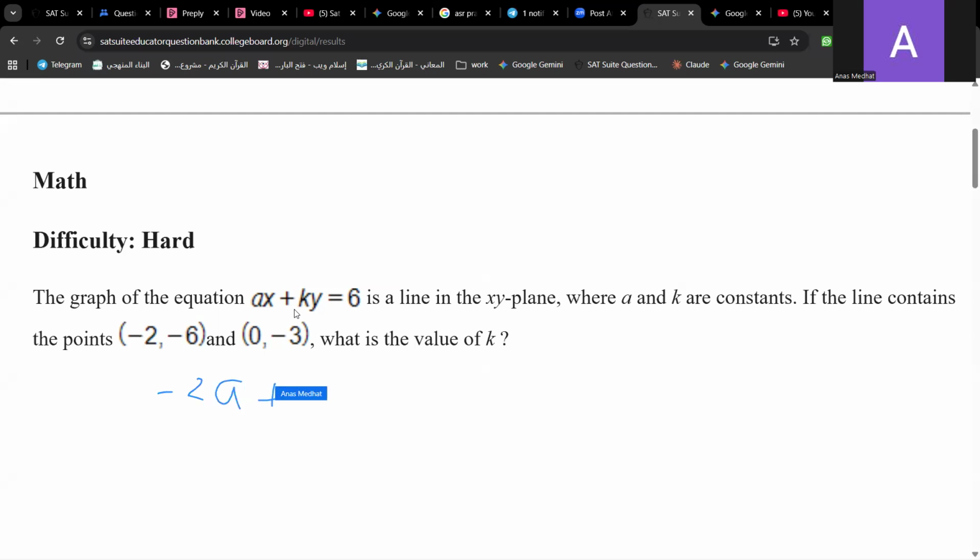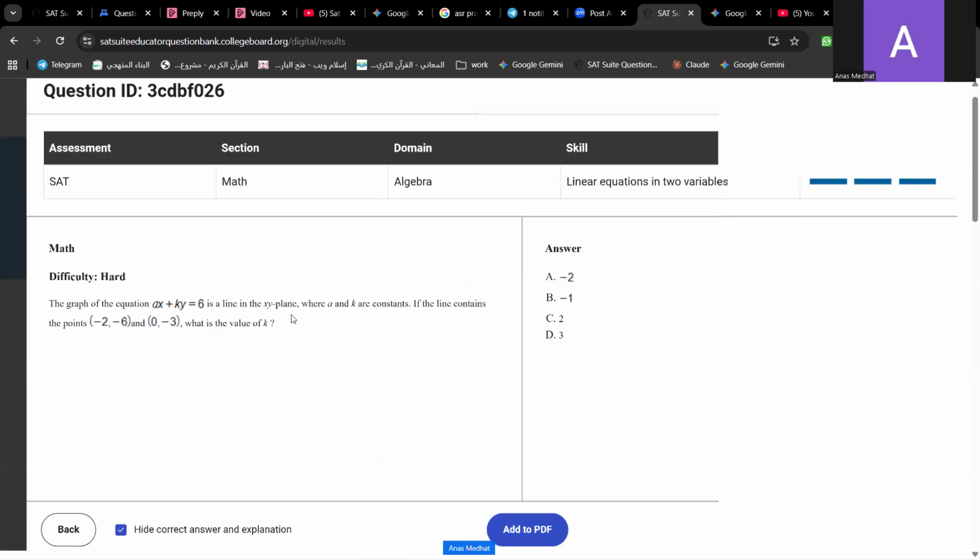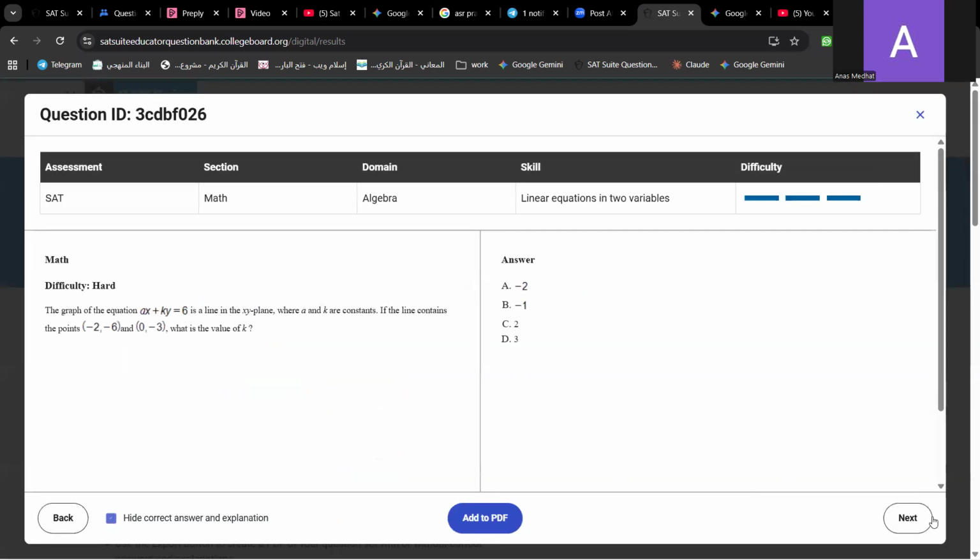Let's substitute them: minus 2a minus 6k equals 6, and minus 3a minus 3k equals 6 also. So now we know that minus 3k, k equals 6 over 3, so k is equal to negative 2. So k is equal to negative 2, so the answer is A.